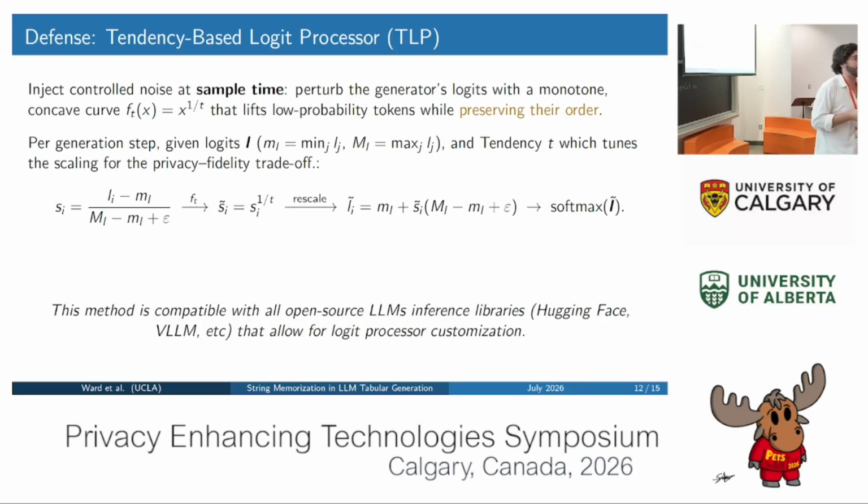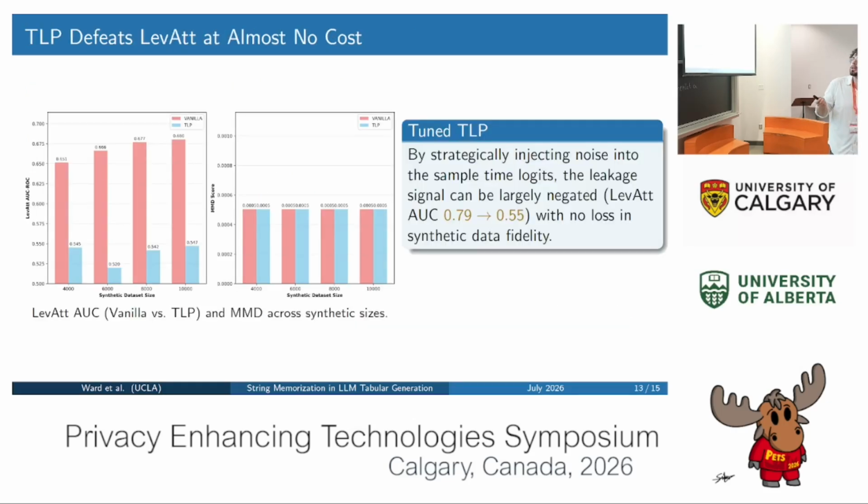And by doing that, it throws off the sampling trajectory of it memorizing these patterns of categorical data and numeric sequences. And so we show that by doing this algorithm, you can decrease the privacy leakage from the Levenshtein attack from the high 60s and control it down to basically random, while having no cost in the fidelity of your final synthetic data.